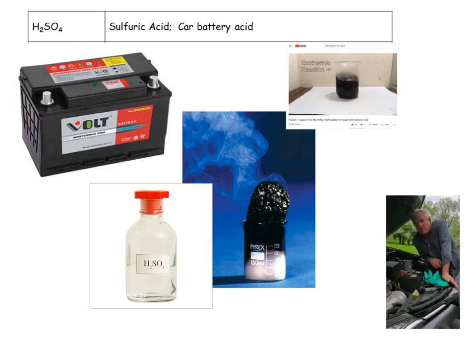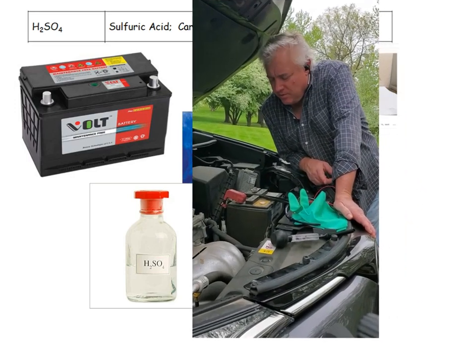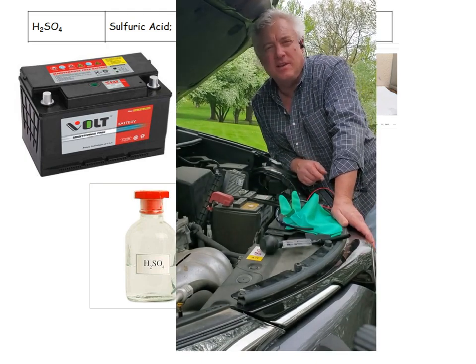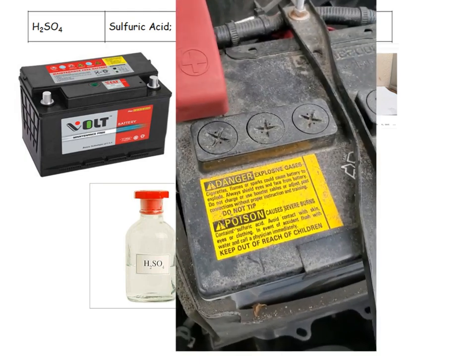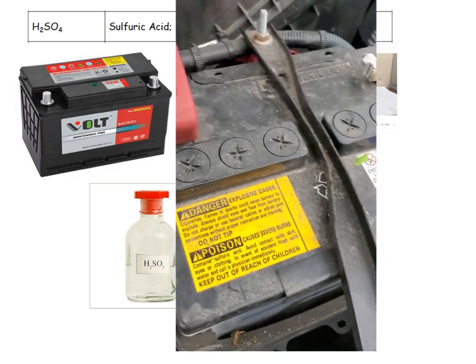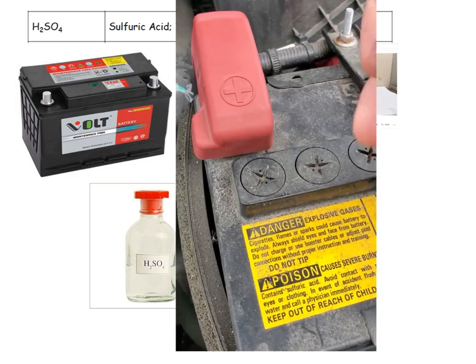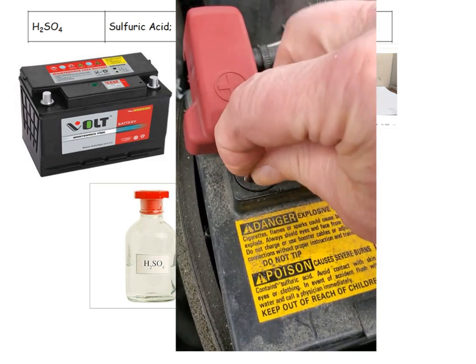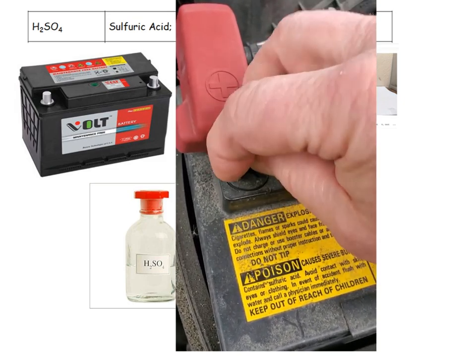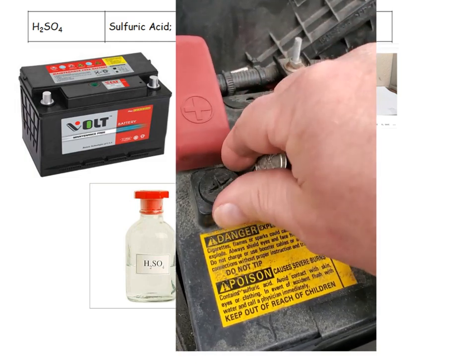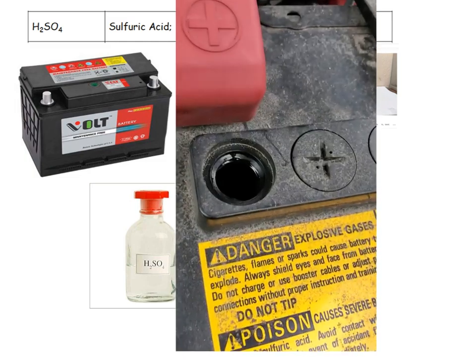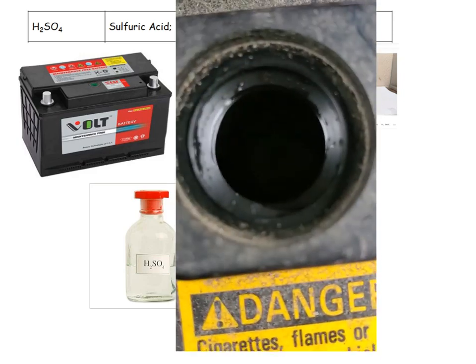Right now we're underneath the hood of my car because I want to show you the car battery, which contains sulfuric acid. This particular battery has 6 different cells. Each one of them has its own little air vent, and we can take the cap off of the air vent and look at where the acid is inside. It's a little hard to see, but down in that hole you can see there's battery acid in there.